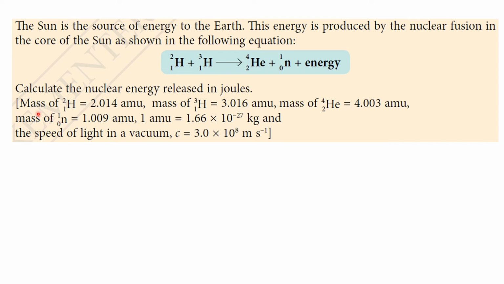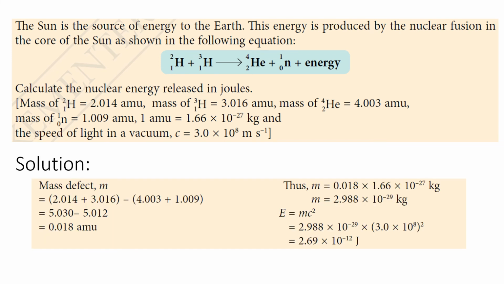I give you the mass of all the atoms here. I want to give you 10 seconds to think about the solution first. Alright, are you done? Let's take a look at the solution.